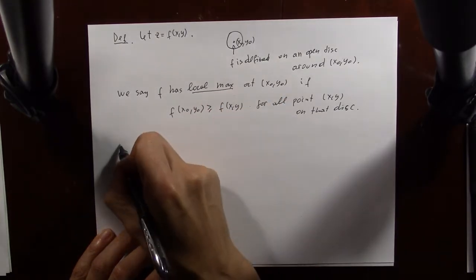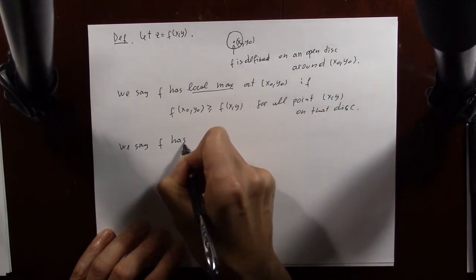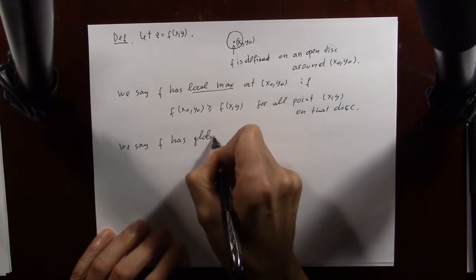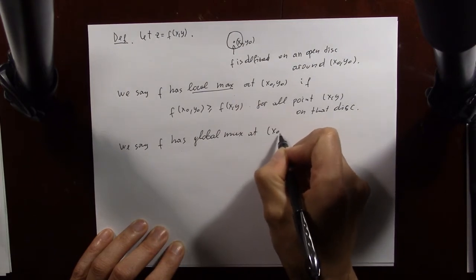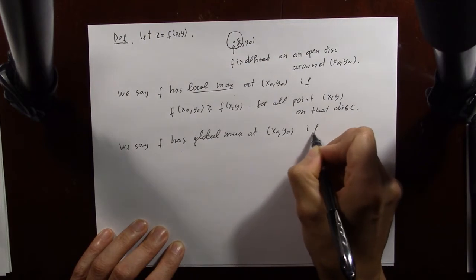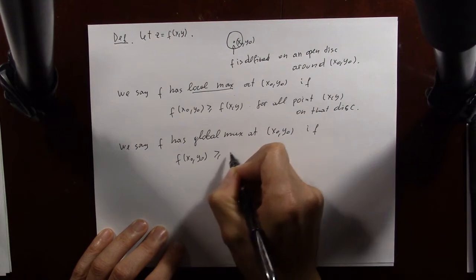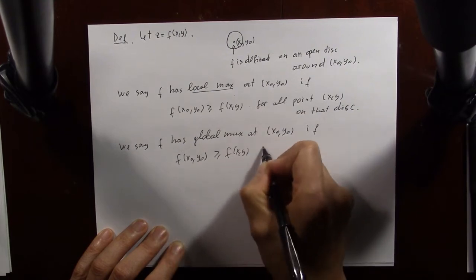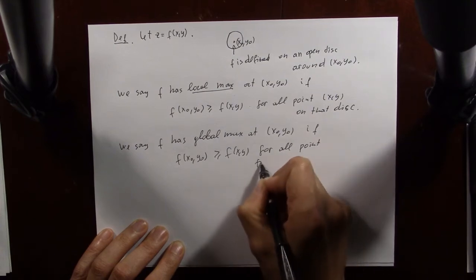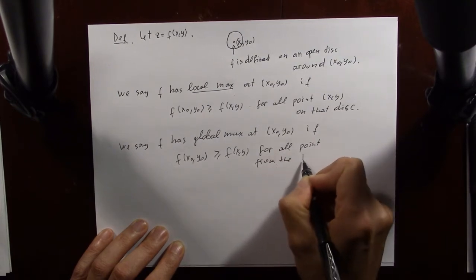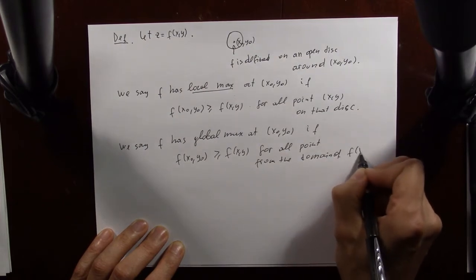Local max. We say f has a global max at point x0, y0 if f of x0, y0 is greater or equal than f of x, y for all points from the domain of function f.